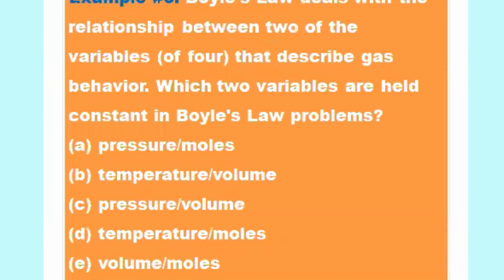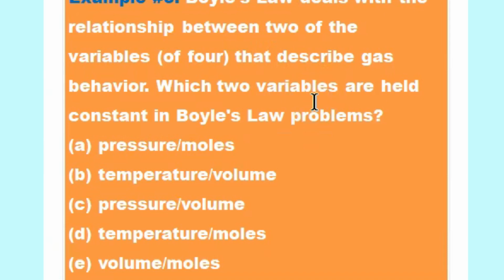Example number 5, Boyle's law deals with the relationship between two of the four variables that describe gas behavior. Which two variables are held constant in Boyle's law problems? Okay, the 4 variables are pressure, temperature, volume, and amount of gas.